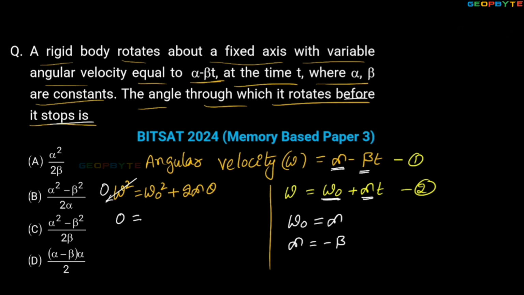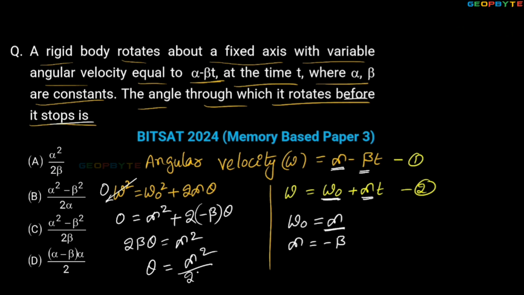Then 0 equals omega naught, that is alpha square, plus 2 into alpha equals minus beta into theta. From this, 2 beta theta equals alpha square.